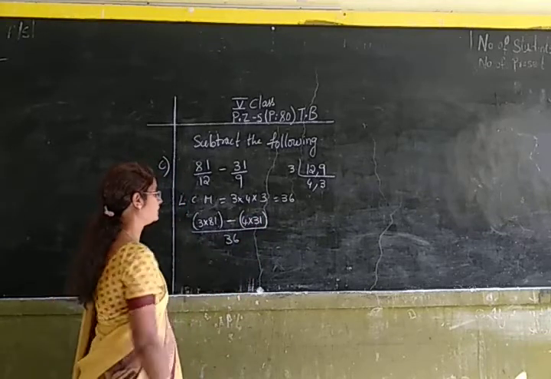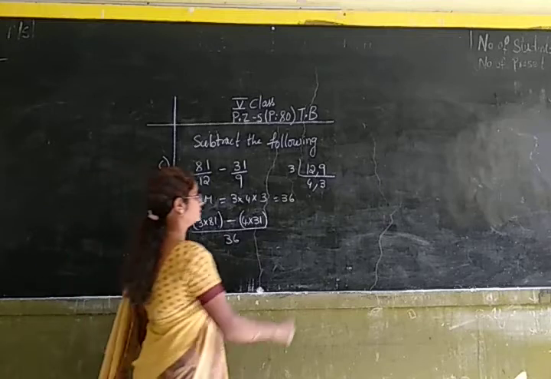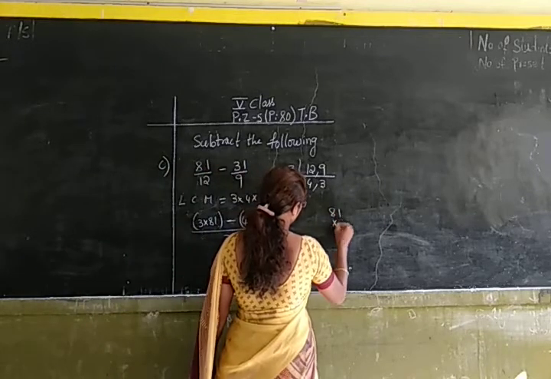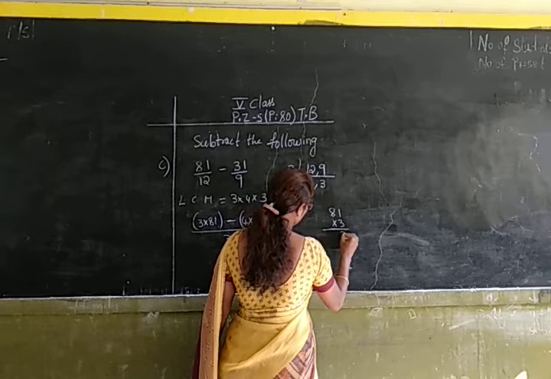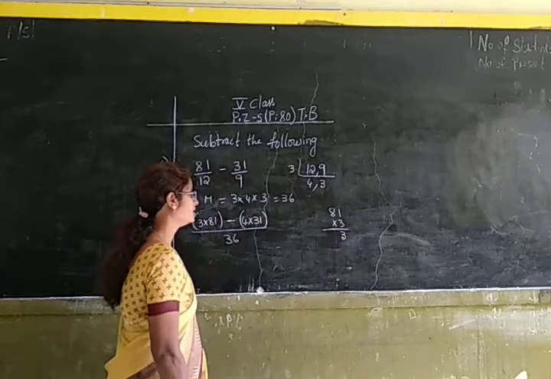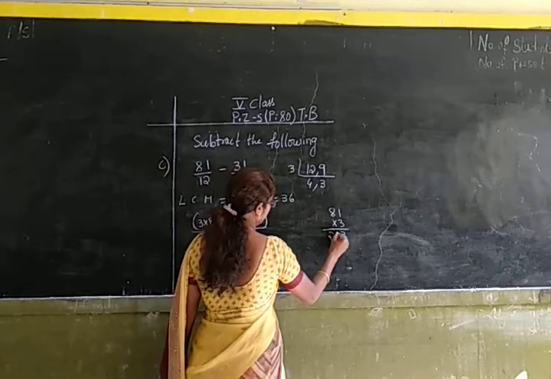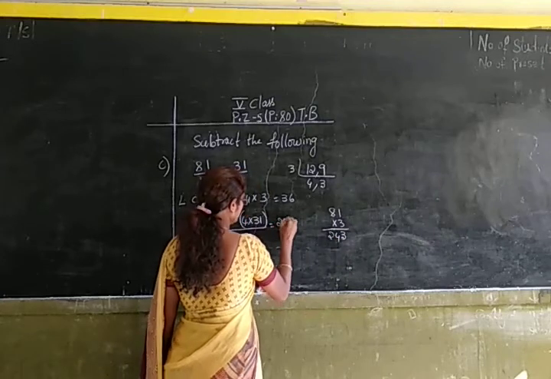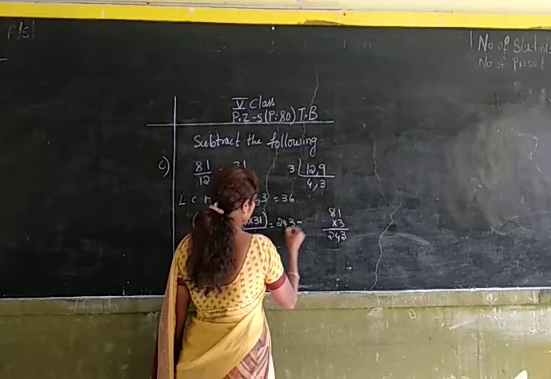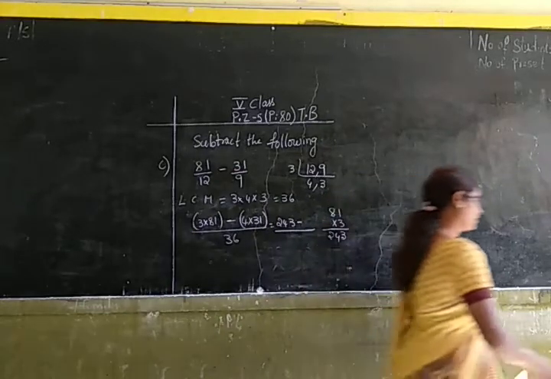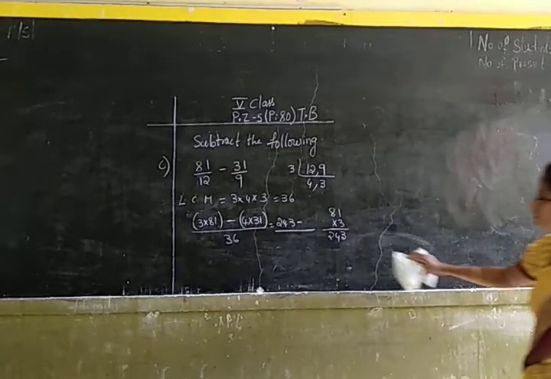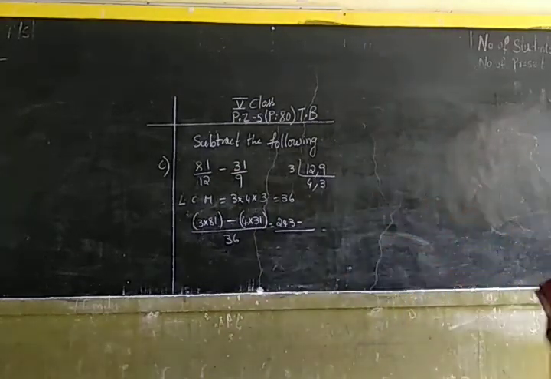Now let us multiply 81 with 3. 3 1s are 3. 3 8s are 24. The answer is 243 minus.